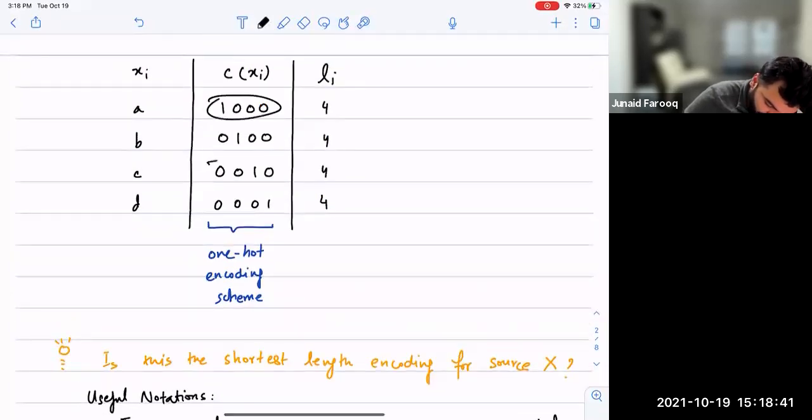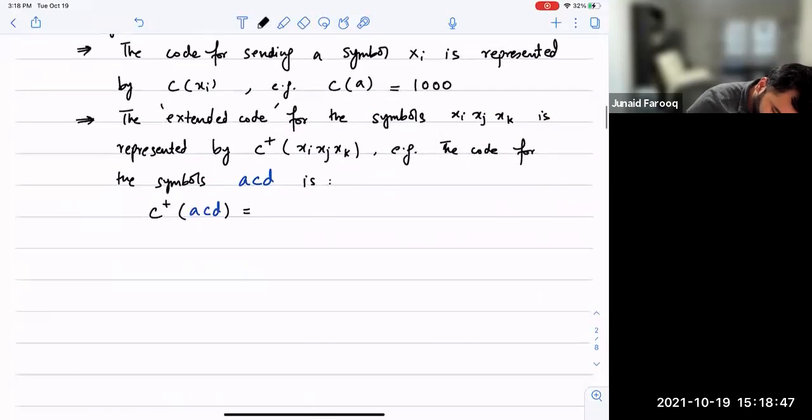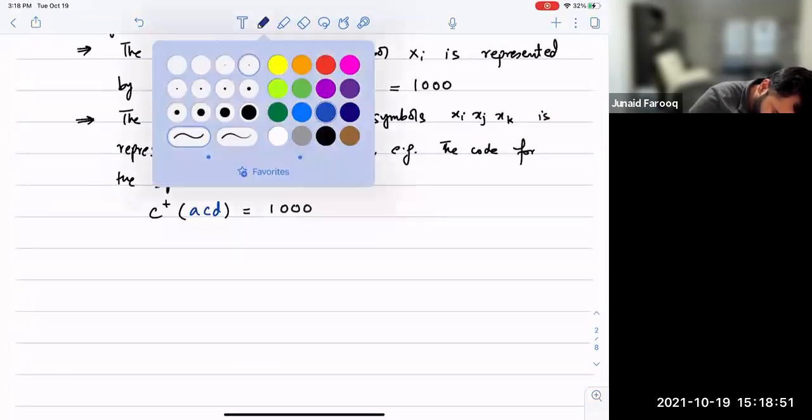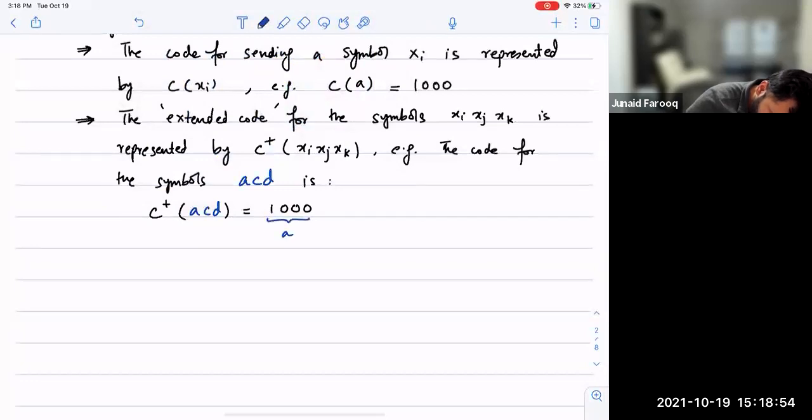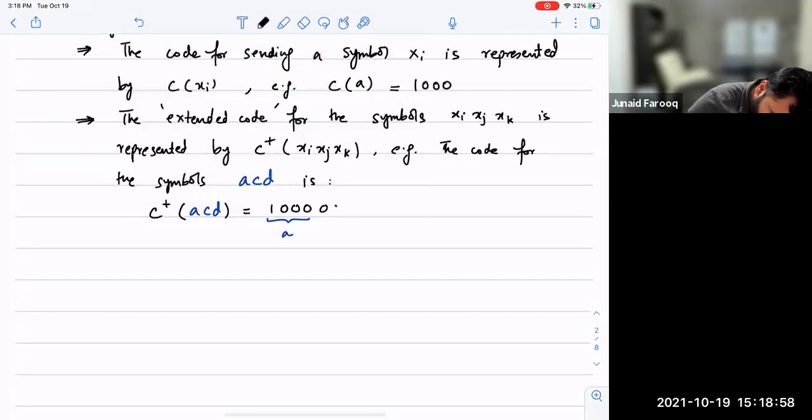A is this, C is this, and D is this. So we'll have this is A, then we'll have C, which is 0, 0, 1, 0, and then D is this.